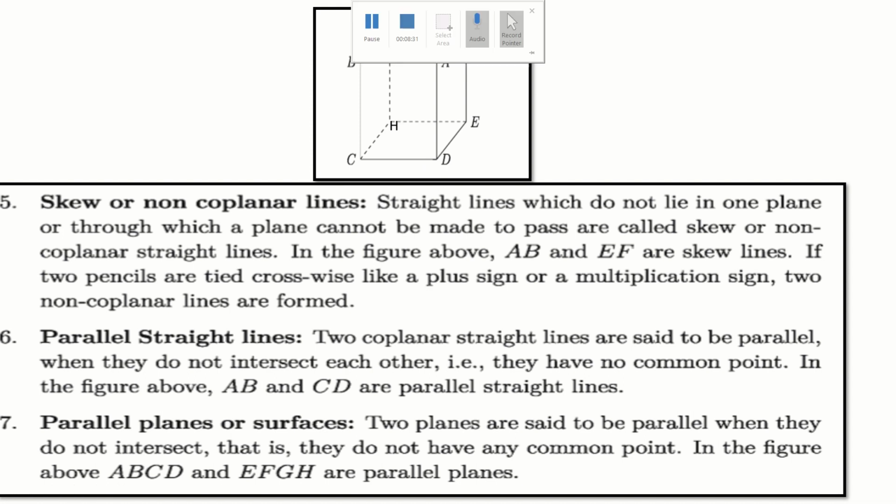Again, follow this. ABCD and EFGH are parallel planes. Similarly, we can say AFED and CHGB are parallel planes, or we can say ACDE and ABCF are parallel planes. Clear?